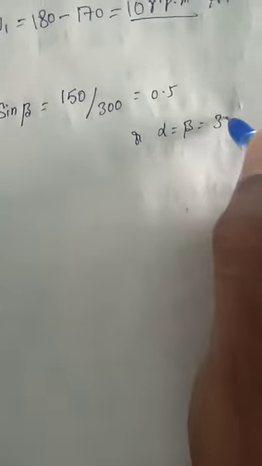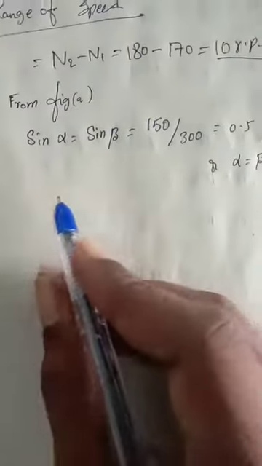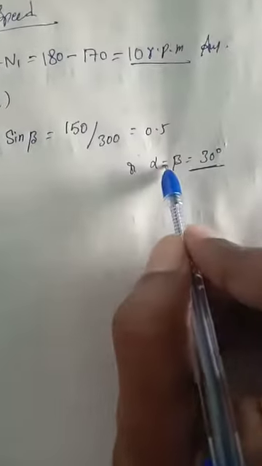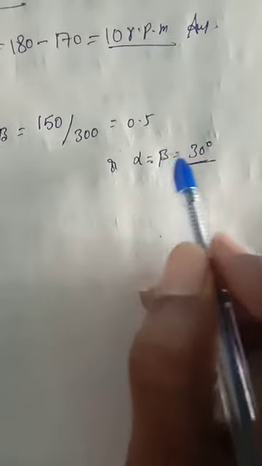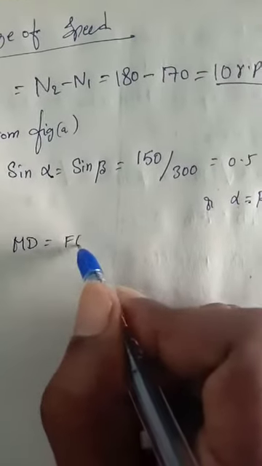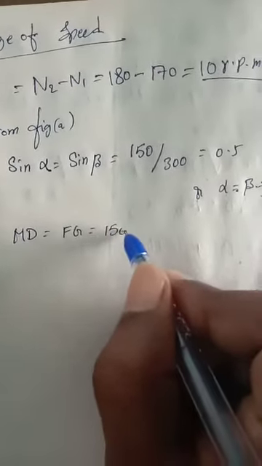So our alpha is equal to beta, that is equal to 30 degrees, since alpha is the sin inverse of 0.5. Alpha is equal to beta, that is equal to 30 degrees. And then MD is equal to FG, that is called 150 mm.